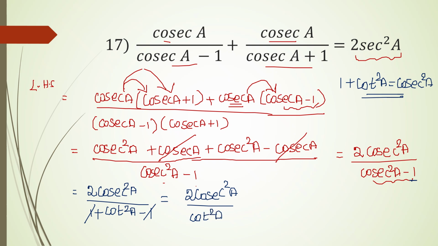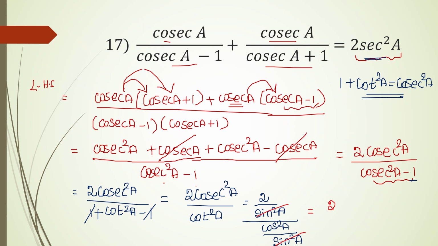Still we are not getting the answer as 2 secant square A, right? So we can split this cosecant and cot with respect to sine and cos. What is cosecant square A? It is 1 by sine square A. So I am writing here 2 by sine square A, the whole divided by cot square A, which is cos square A by sine square A. If you look at it, sine square will get cancelled.